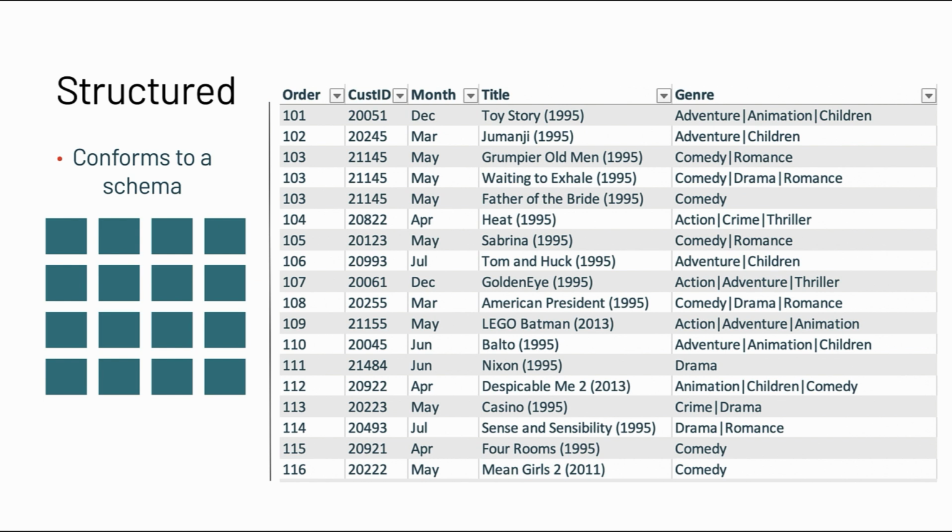So, structured data. The term structured data refers to any data that conforms to a certain format or schema. It's usually clearly organized, and because it's clearly organized, it's generally easier to analyze, which is why for a long time, we kept our data as structured data.